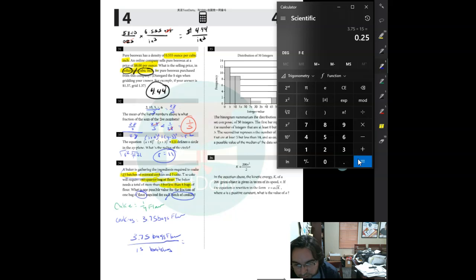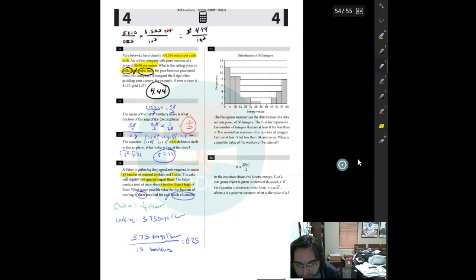So 0.25 is my answer here. Now, if I would have chosen the lower end of the range, that would have given me a smaller number. I believe anything between 0.183 and 0.25 would have worked for this answer choice.